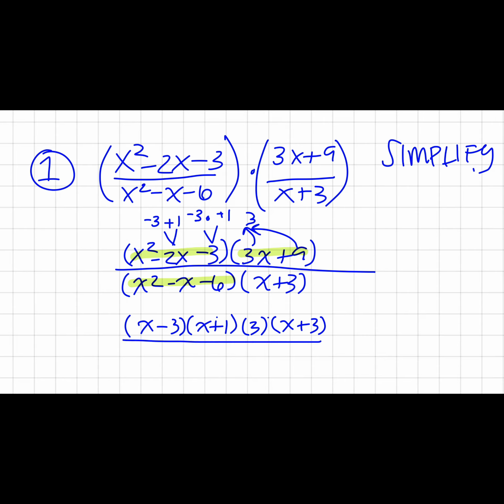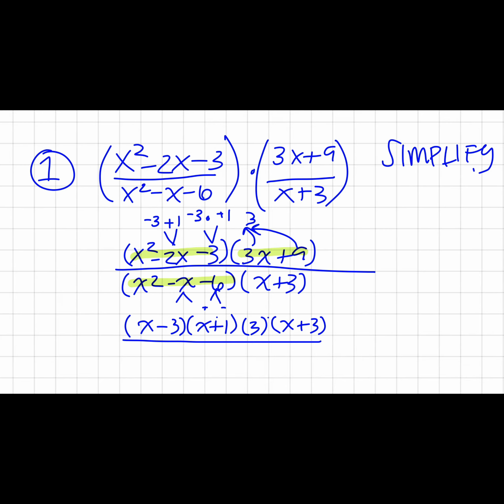Here I'm looking for two numbers to multiply to give me a negative 6, but when I add them, I get a negative 1. Okay. So again, I know my numbers have to be a positive and a negative number, because that's the only way I'm going to get a negative product.